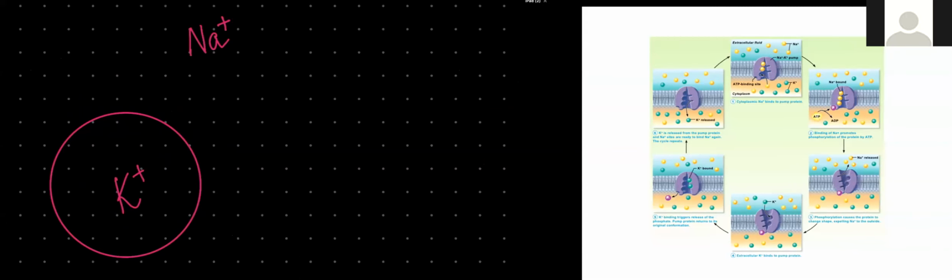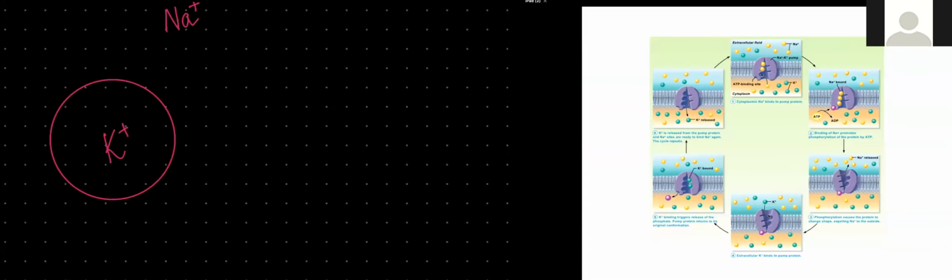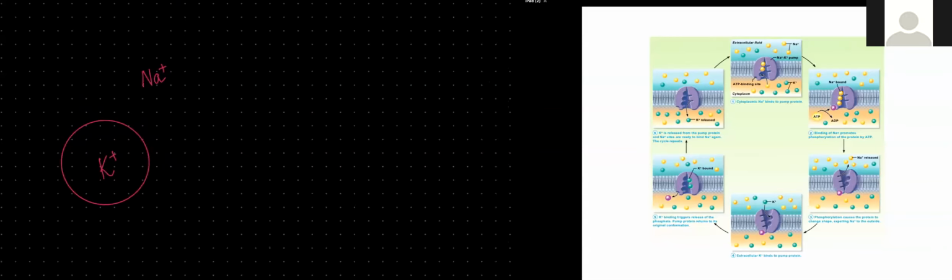So I have outside of the cells high sodium, inside of the cells I have high potassium. So we're looking on here at this cell membrane. This is part of the cell membrane on here. I have lots of sodium outside of the cell and lots of potassium inside of the cell.